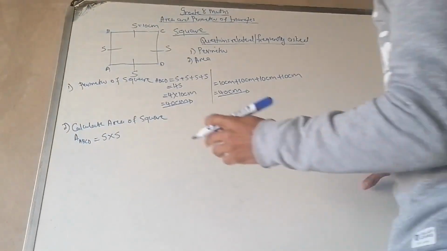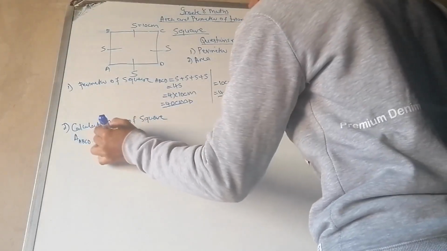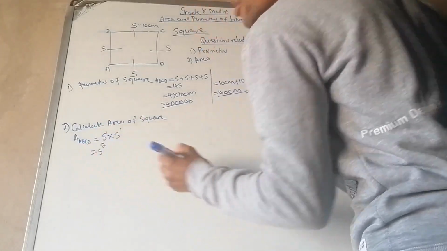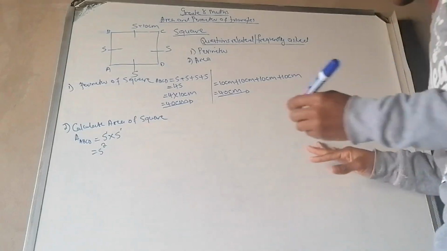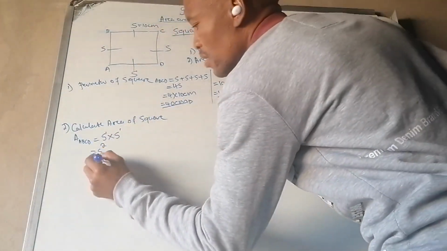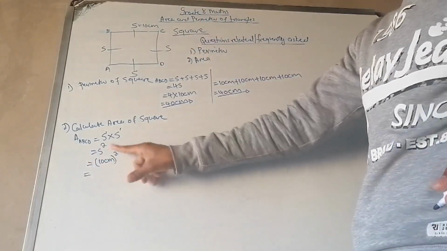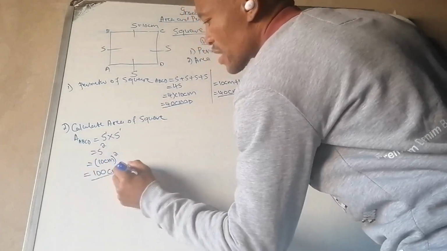And by the law of exponents, when I multiply numbers of the same base, I add the exponents. Side squared. Very important things from the exponents. And then here, that side is 10 centimeter squared, which is 10 squared, which is 100 centimeter squared.